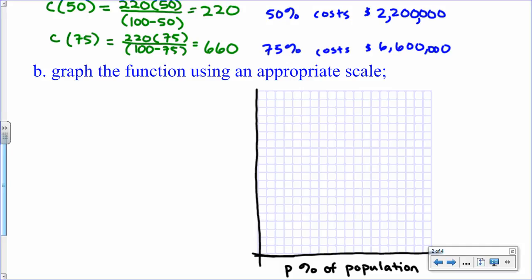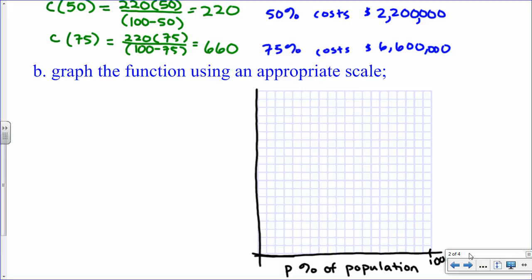What do I need to go to for x? We're talking about percent. Well, if I think about past that, 100. Okay, so the max percent I'm going to have is 100. So I'll call this 100.